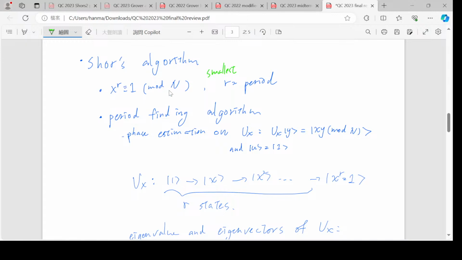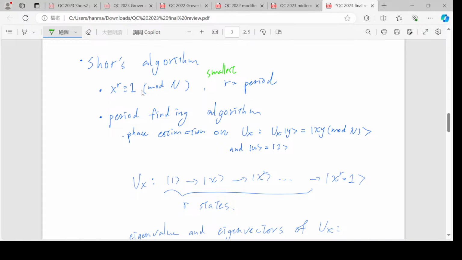If you get big N and small x, you know this r will exist, but basically what you can do is keep multiplying x by itself and taking the modulus. But r can be very big, it can be on the order of big N, so you need to do a lot of multiplication to find this small r.